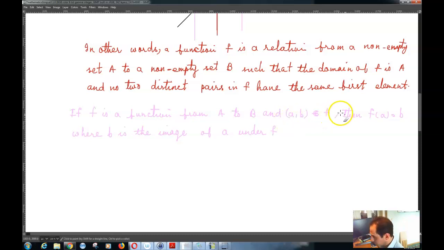Where b is the image of a under f, and a is called the pre-image of b under f.